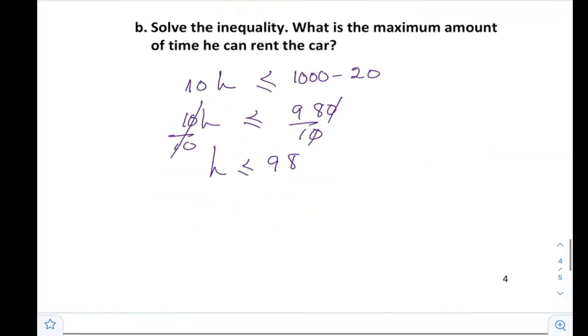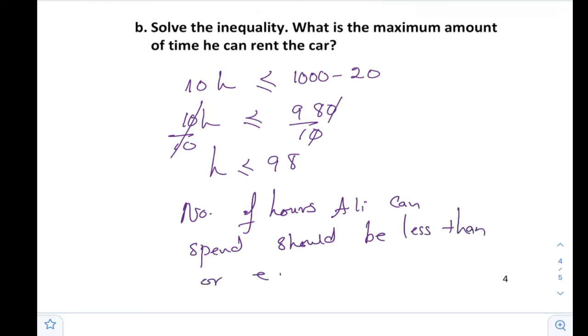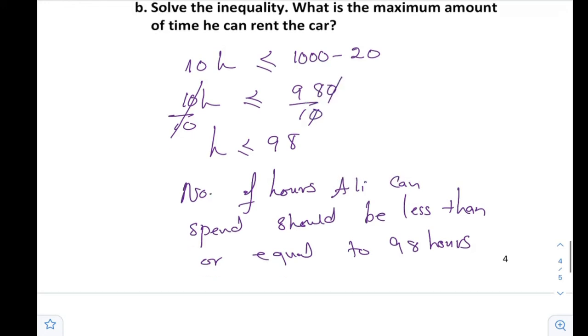That means that the number of hours Ali can spend should be less than or equal to 98 hours. The maximum number of hours is 98 hours.